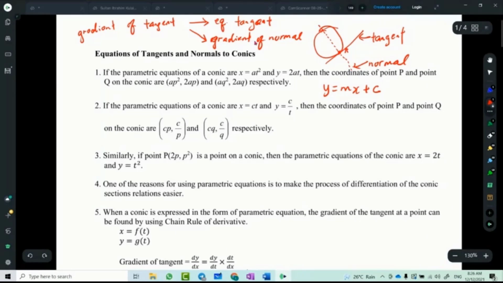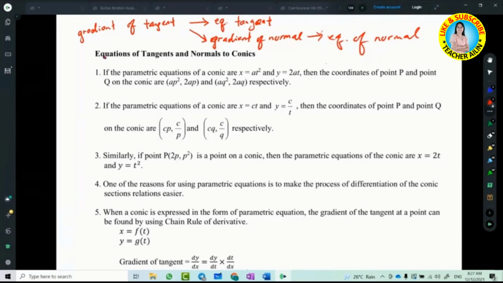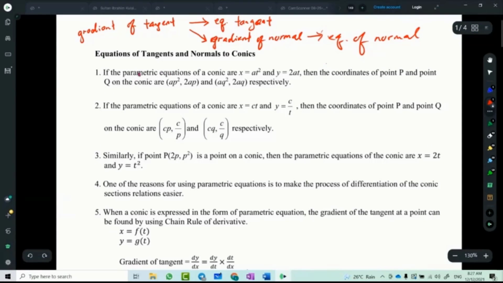After you have got the gradient of normal, then barulah awak boleh dapat equation of normal. So macam ni. So dia punya flow adalah ini. So now we go to the objective is you want to find the equation of tangent, equation of normal. That is the one. So now we are going to apply the parametric equation.